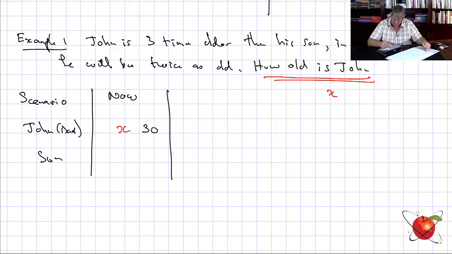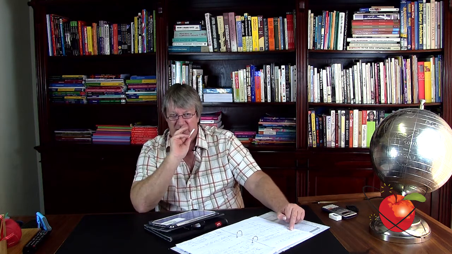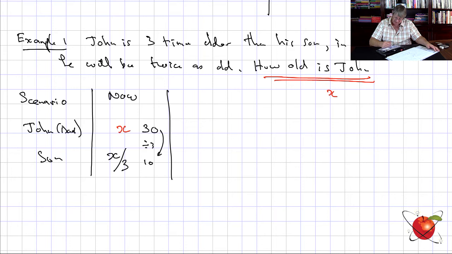So according to the English, dad is 3 times older than son. Therefore, son must be 10. I had to divide it by 3. So over here, this is x over 3. That just helps me to get the maths in my mind. This is not related, not the answer. It's just a way of helping the maths.